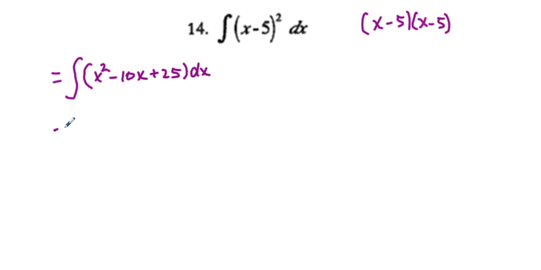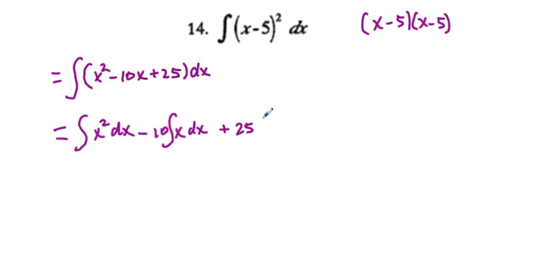And so now we can separate these into the integral of x squared dx minus 10 times the integral of x dx plus 25 times the integral of dx.